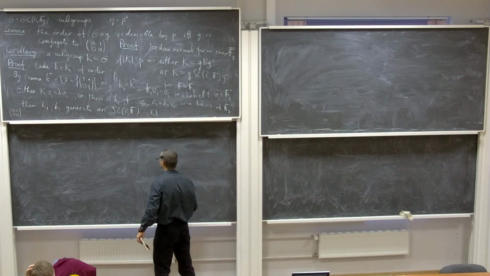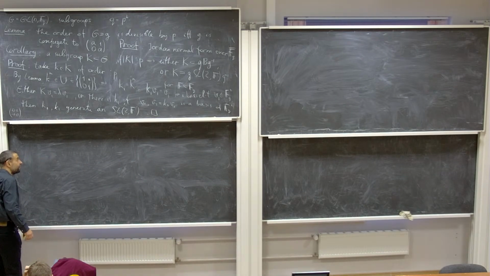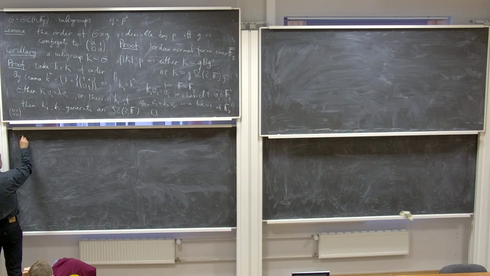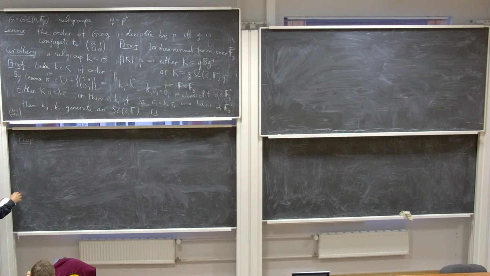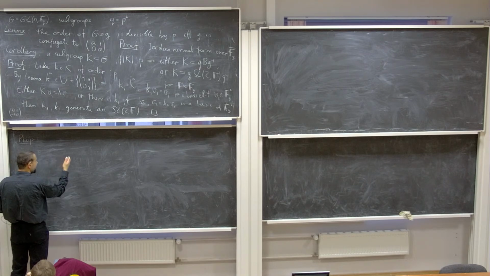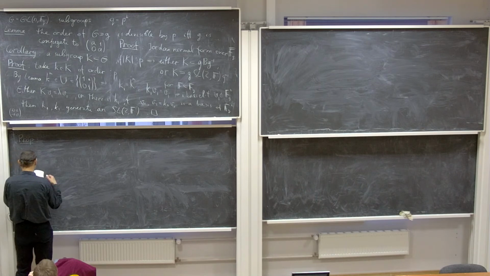So this was about the groups of order divisible by p, and now we turn to the groups of order not divisible by p, and this classification is independent of the field. So for example, it's the same over complex numbers. Any field would work.